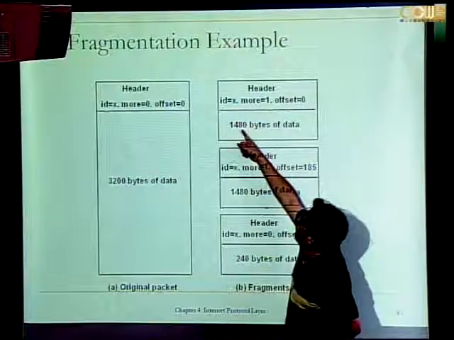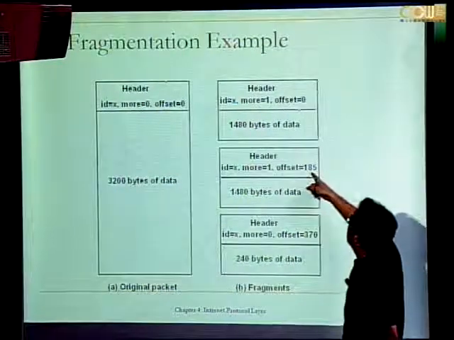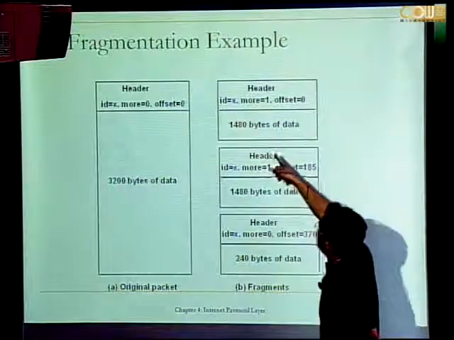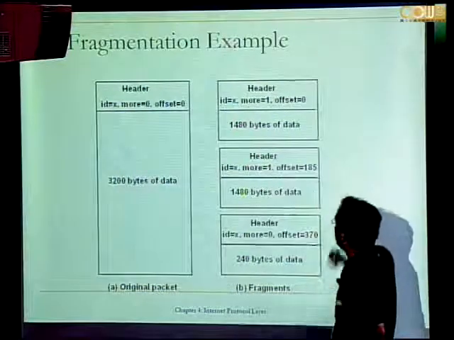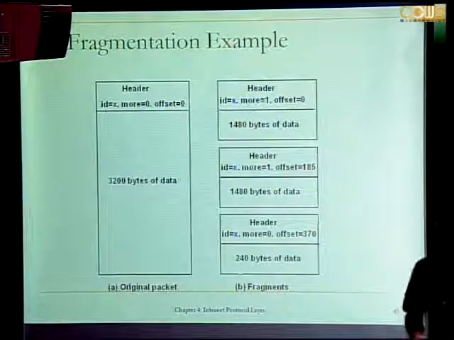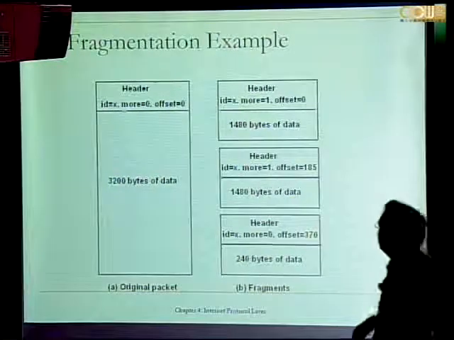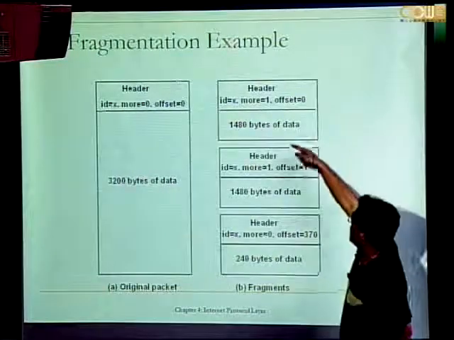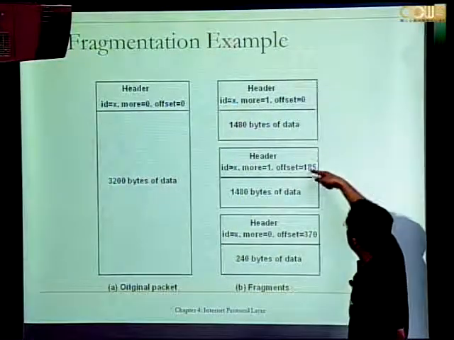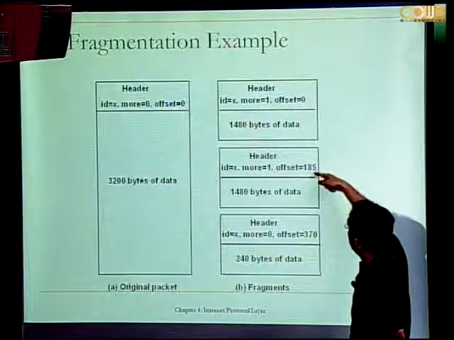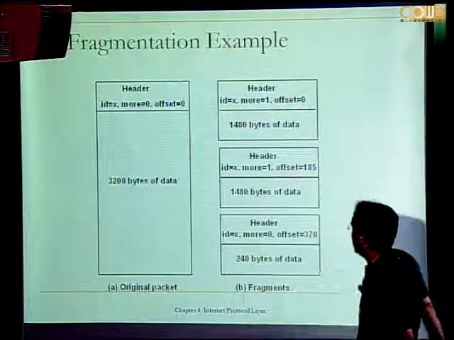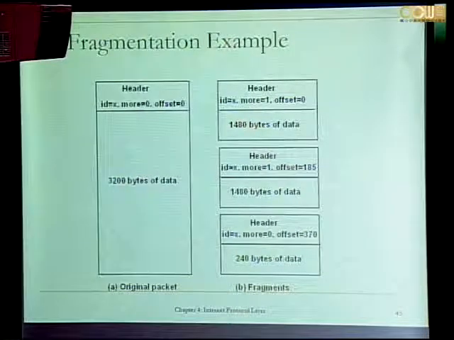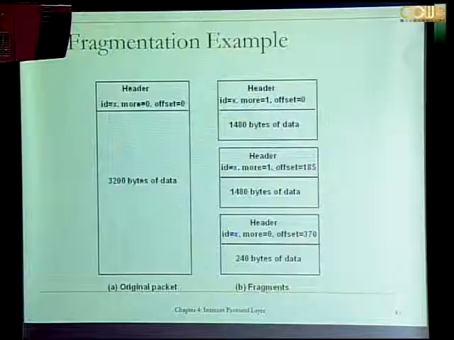If you divide 1480 by 8, you get 185. So that's the offset. Because these two are the same, 185 multiplied by 2 will be 370. Okay, that's the way you do fragmentation.